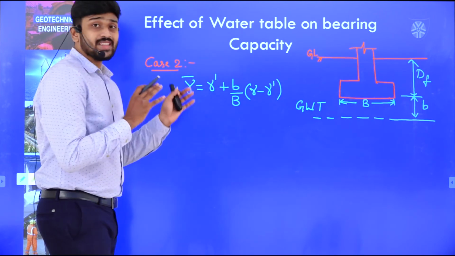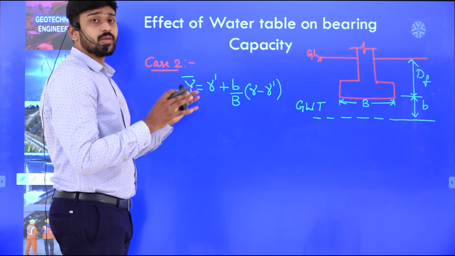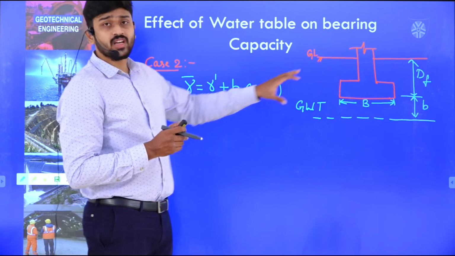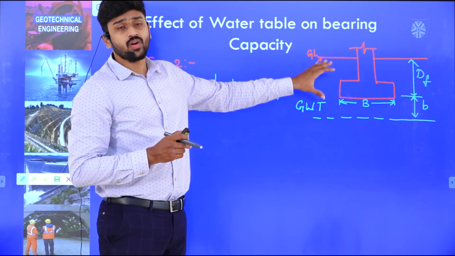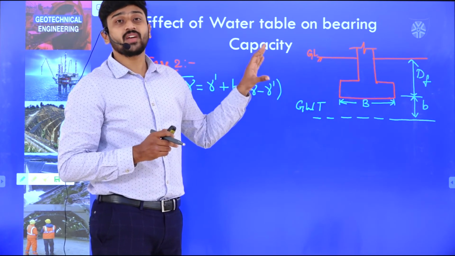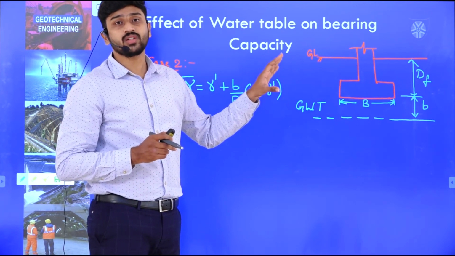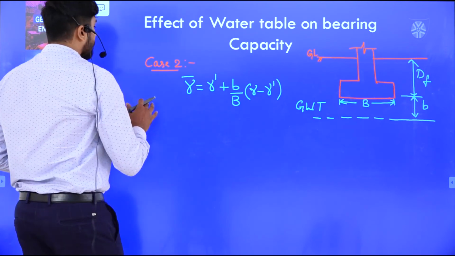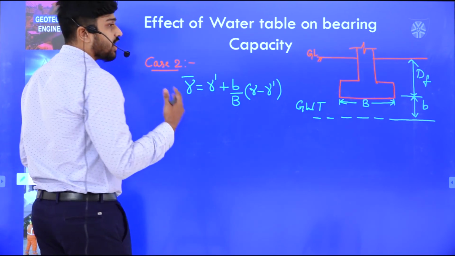So using this equation, let us try to substitute, because only the surcharge term is not changing here. Because the water table is below, the surcharge term is not at all affected. The only term that is affected is the shear zone term. So let us substitute this in the equation of ultimate bearing capacity.